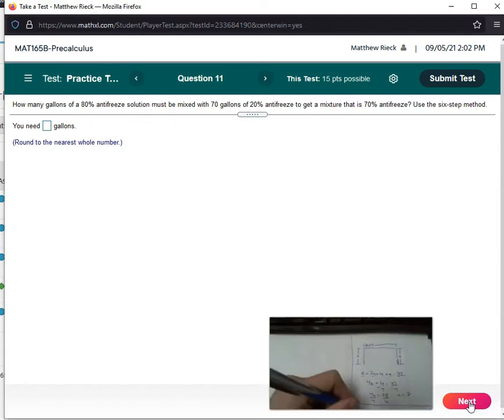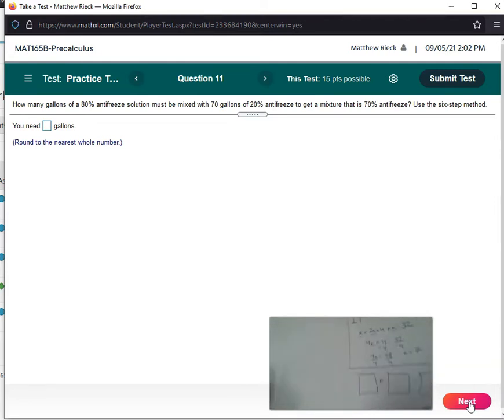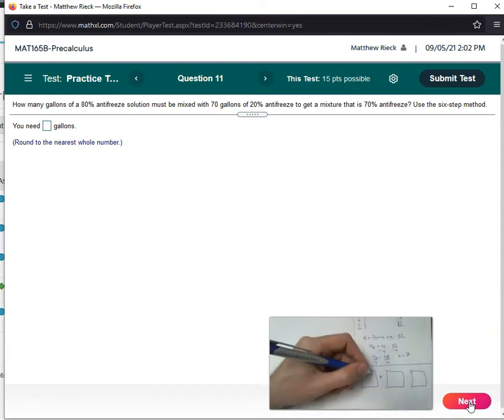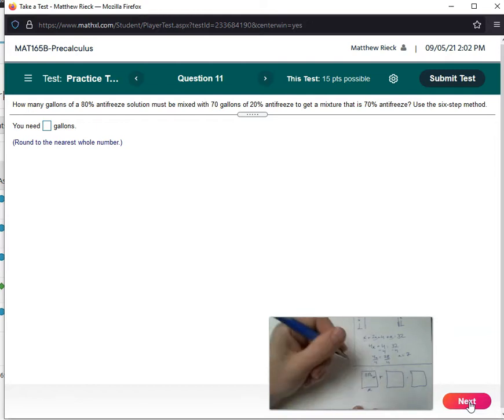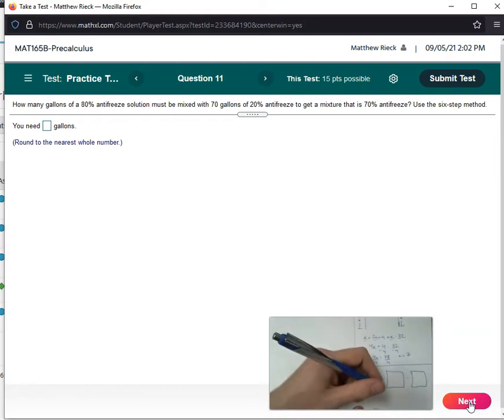Generally, how I go about solving this is I create a diagram. This is just how I learned how to do these types of problems. It helps me visualize and keep track of my variables. Here we have an 80% antifreeze solution, and that is what we're trying to figure out, so we don't know the volume of that.